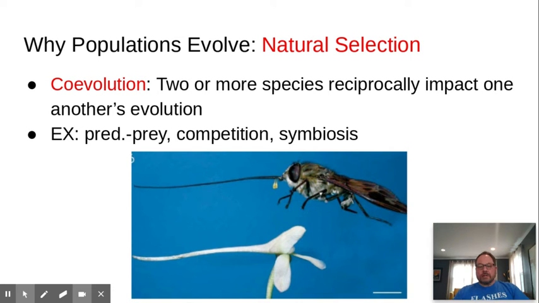Another interesting feature of natural selection is that it does produce this idea of coevolution, that species, either through competition for resources or predator-prey interaction, or even cooperative interactions, can influence one another's survival.